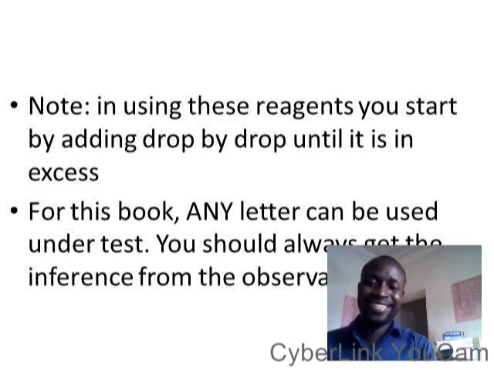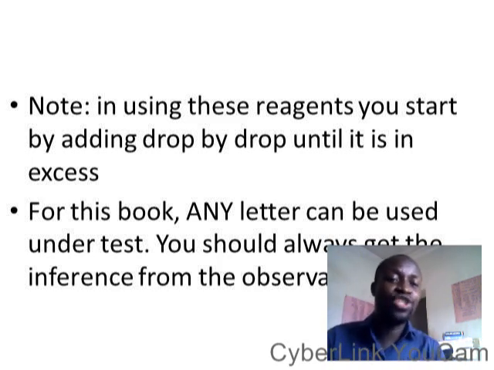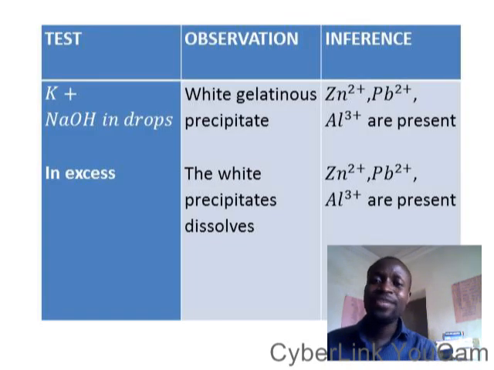Observations are the characteristics that are likely to be present in the element mentioned as a letter. The element, the compound, could be K, could be P, could be mentioned as any letter. But when you look at the observation, you will be able to detect the cations that are present in such a compound.